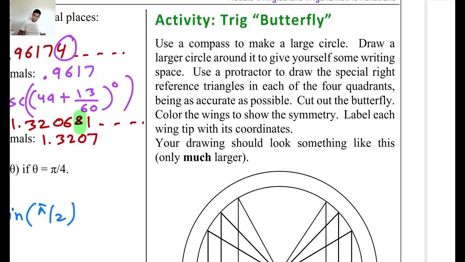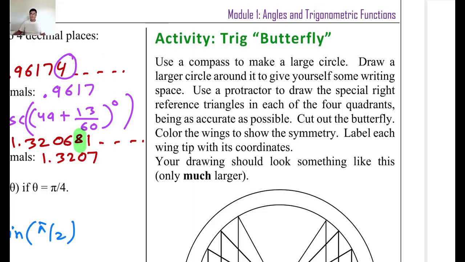Here's an activity for you. This is a very good activity. If you are watching my video, doing a course with me on trigonometry, I will probably be giving this as an optional extra credit activity.